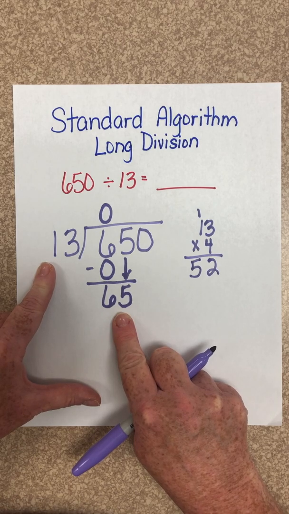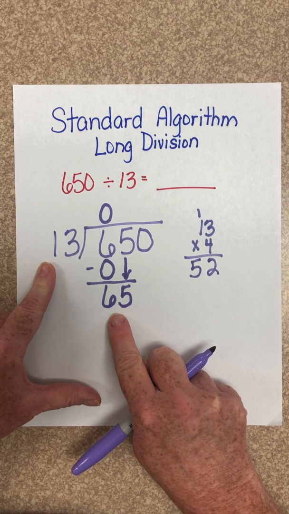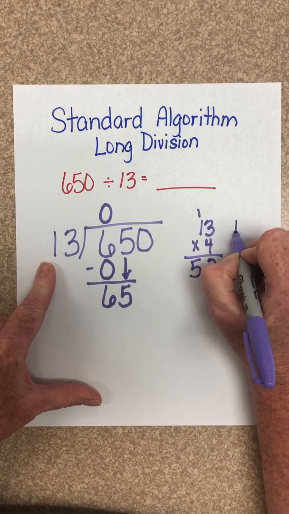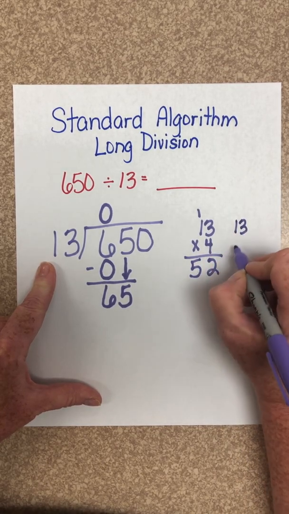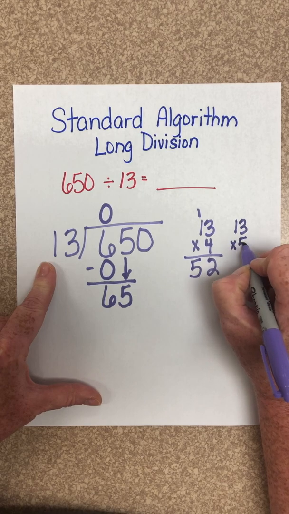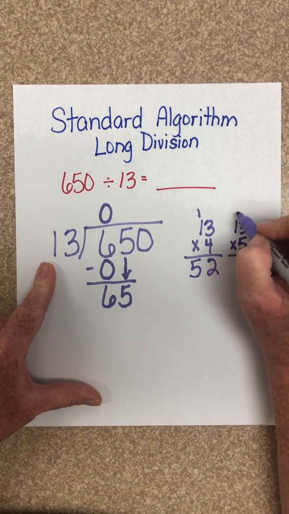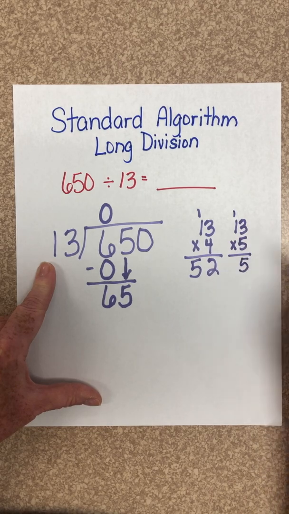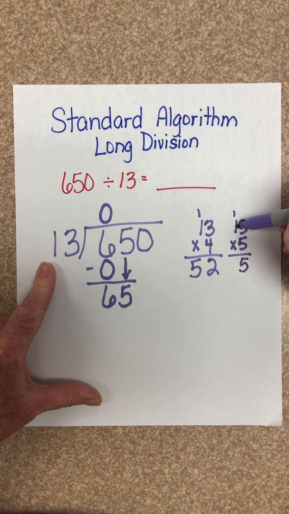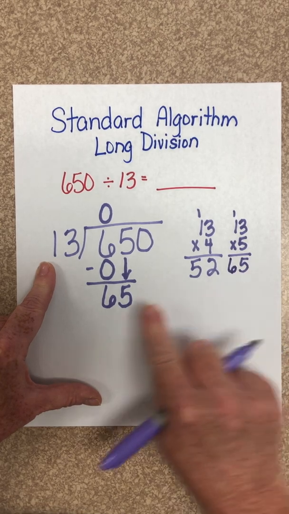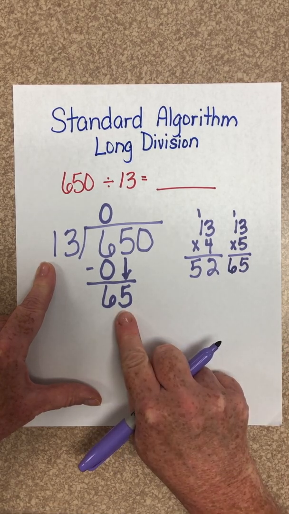I wonder if we can get any closer. Let's try 13 times 5. 5 times 3 is 15. 5 times 1 is 5, plus 1 is 6. 65. Well, that's what we're looking for.